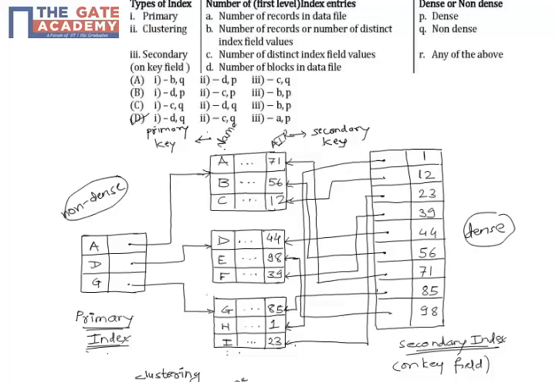For primary index, the number of entries is equal to the number of blocks in the data file, and it's a non-dense index, that is D, Q. For clustering index, the number of entries is equal to the number of distinct index field values, and it's also a non-dense index, that is C, Q. And for secondary index on key fields, the number of index entries is equal to the number of records in the data file, and it's a dense index. So the correct option is D.